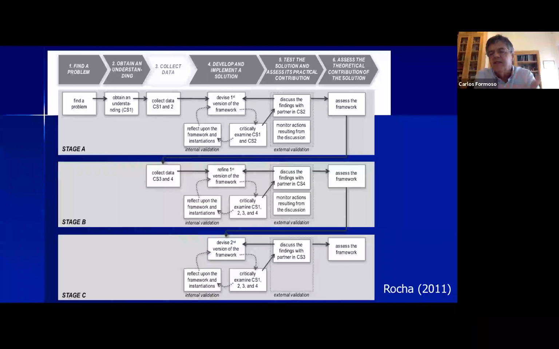There are internal evaluations of the artifact, which are made by the researcher. There might be external evaluation of the artifact, which is made by potential users. And there is this cycle of refining, implementing, assessing. So you need to do that several times, as you do in a design.